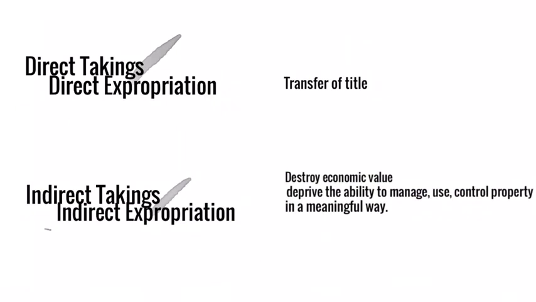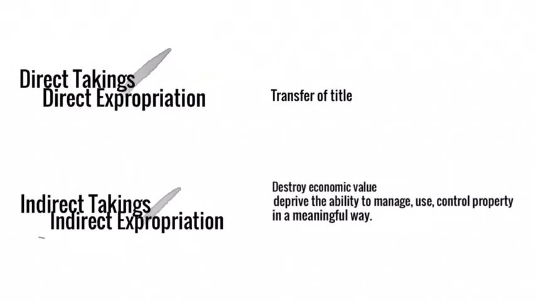For a quick note, direct expropriation involves the transfer of title, just like the cases that we saw in the 70s and 80s relating to nationalizations of oil companies, etc. While indirect expropriation involves takings that destroy the economic value or deprive the ability to manage, use, control the property in a meaningful way.